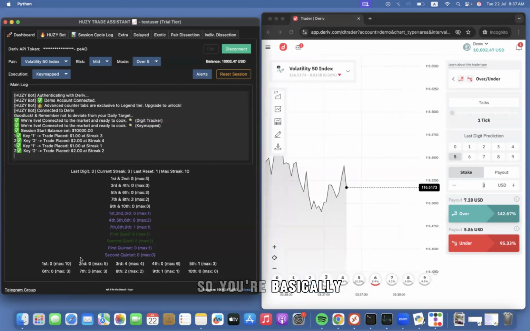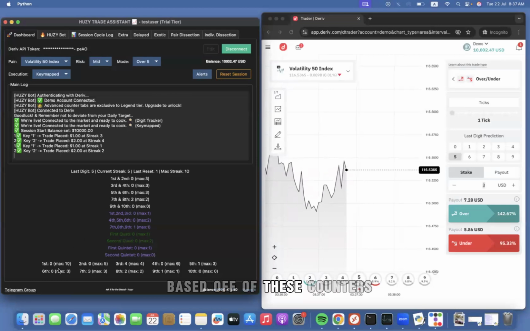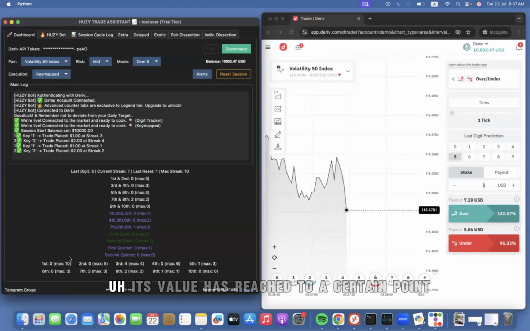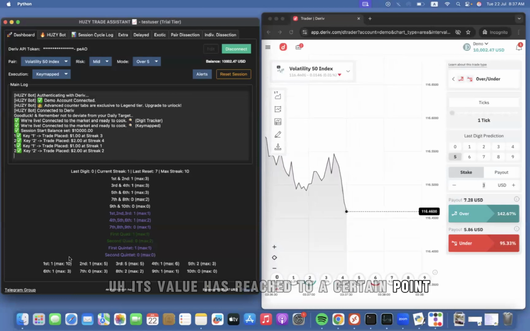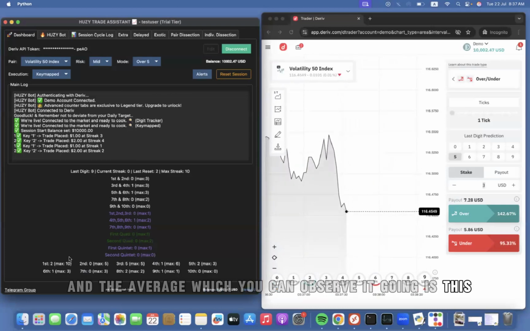Okay, so you're basically keeping track of the flow of the market based off of these counters. They're telling you that its value has reached a certain point, and the average which you can observe it going is this.